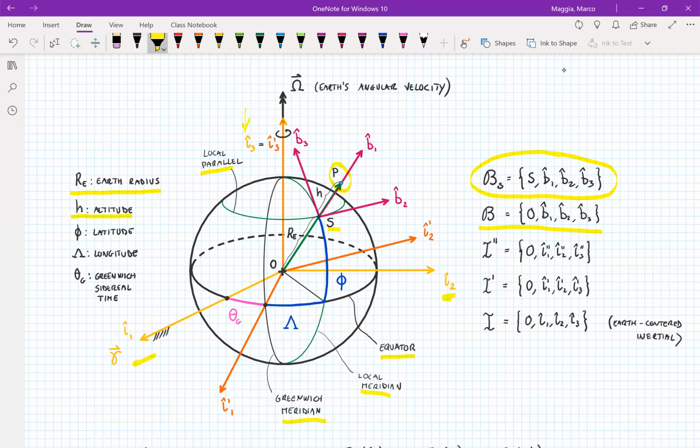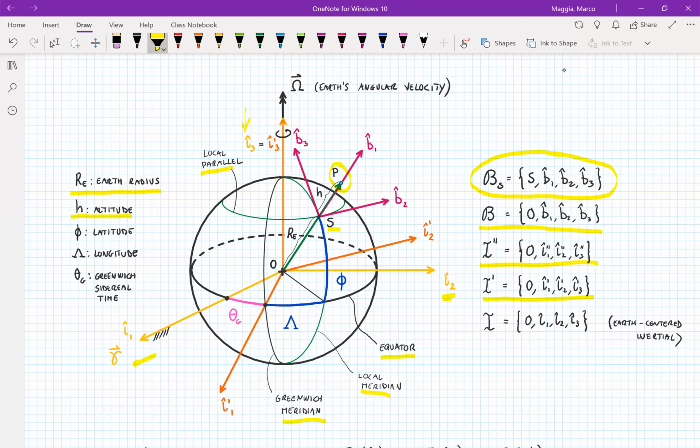We can also define two intermediate frames of reference. I2 is not really important to visualize, it's just an intermediate frame of reference, whereas I1 can be thought of physically as the frame of reference that rotates with the Earth.